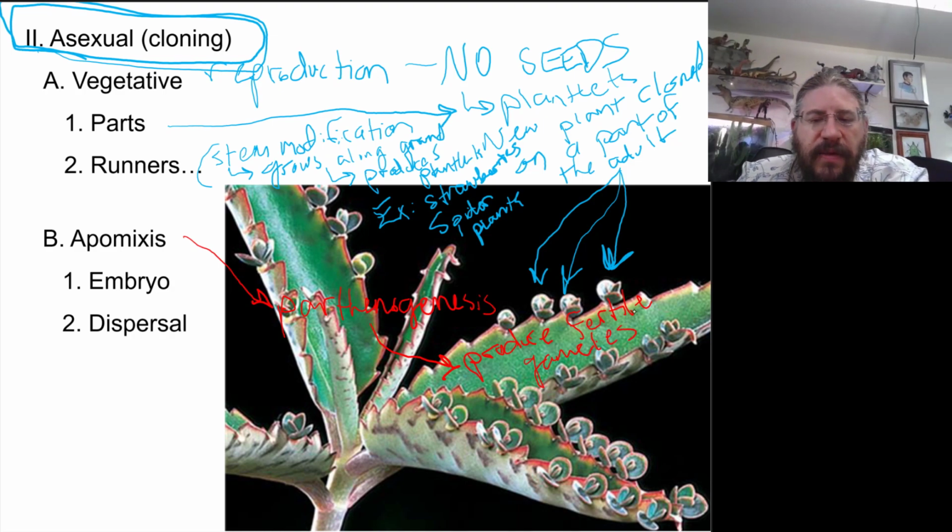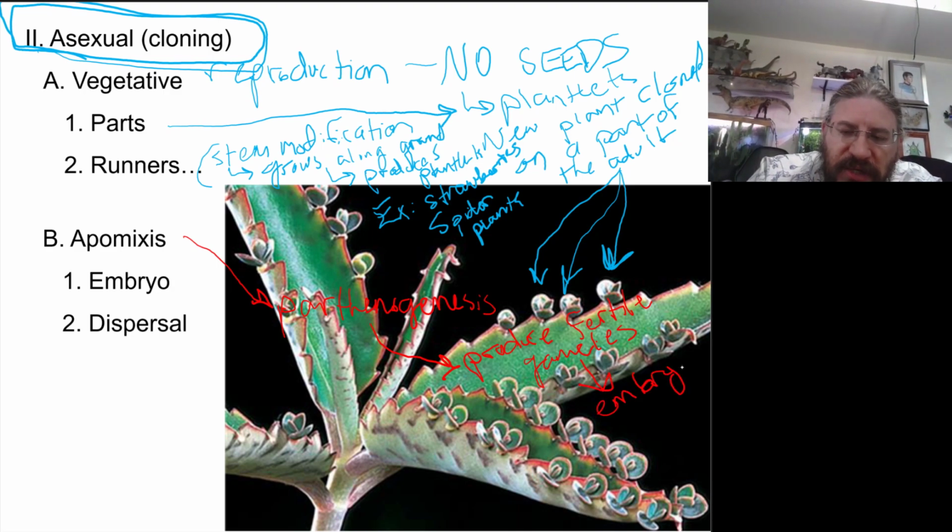So what does that look like? Basically you clone out embryos. If I say fertile gametes, in the case of apomixis, that's good old-fashioned embryos, right?